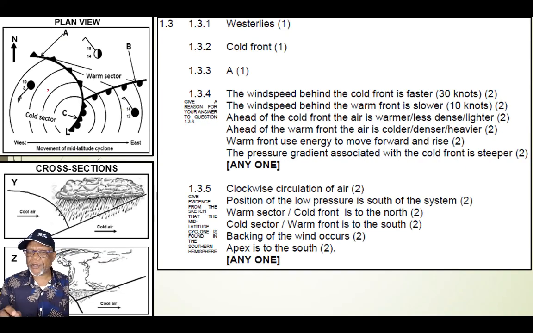The wind speed behind the warm front is slower. Ahead of the warm front, the air is colder and denser. The warm front uses energy to move forward and rise. The pressure gradient associated with the cold front is steeper.